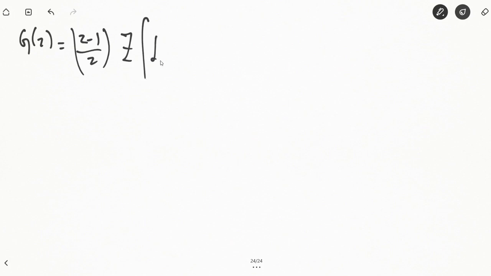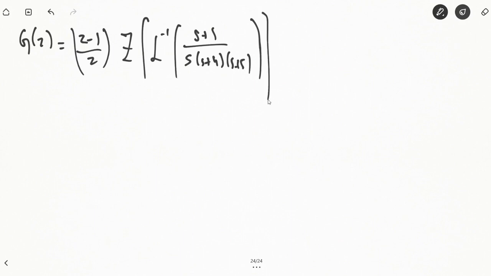So G(z) is (z minus 1) by z times the Z transform of the Laplace inverse of (s plus 1) by s(s plus 4)(s plus 5), doing the partial fractions.